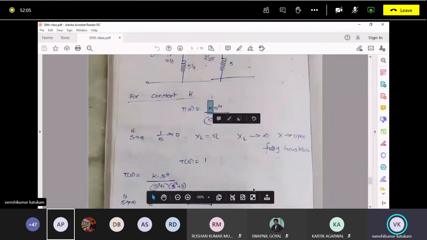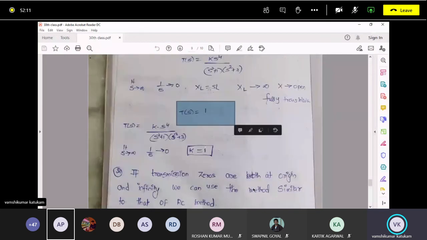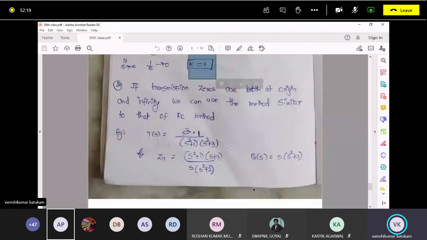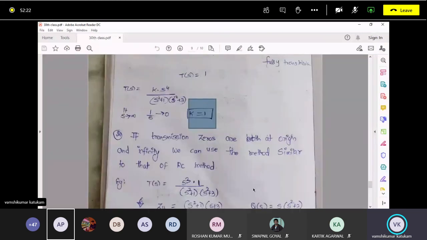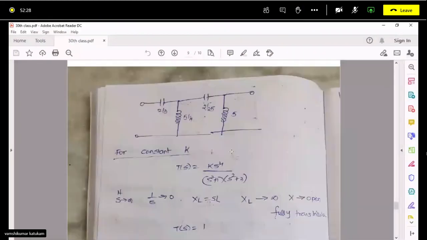So here the transfer function is 1, and if you equate, you will get K equal to 1. So same thing. This is just similar to a high pass filter in an RC network.